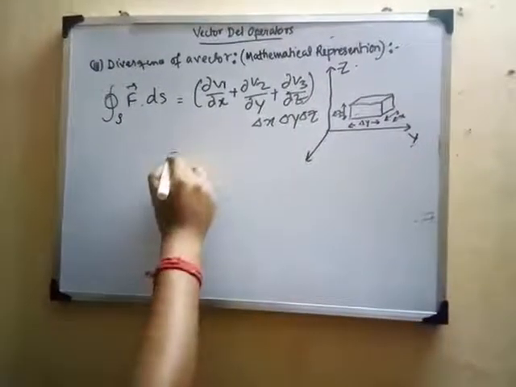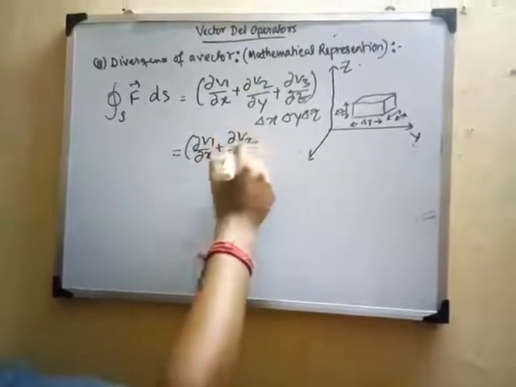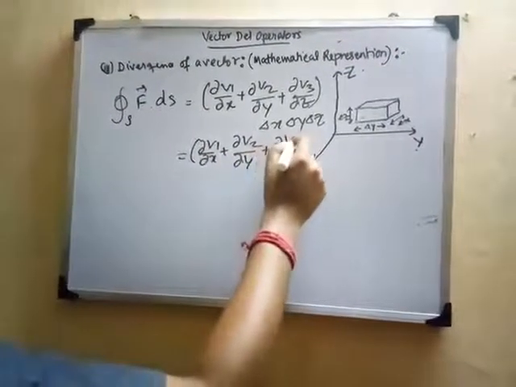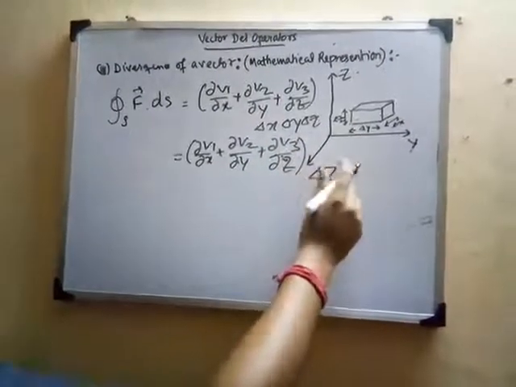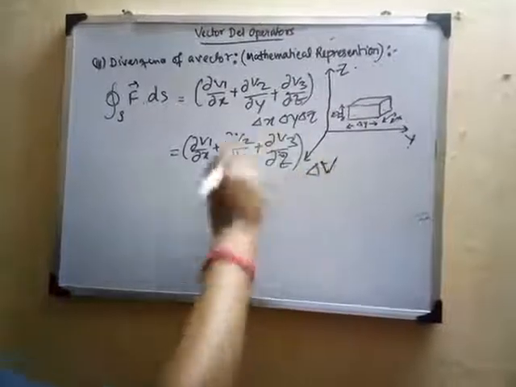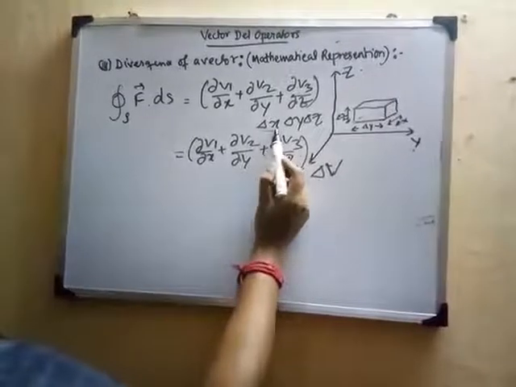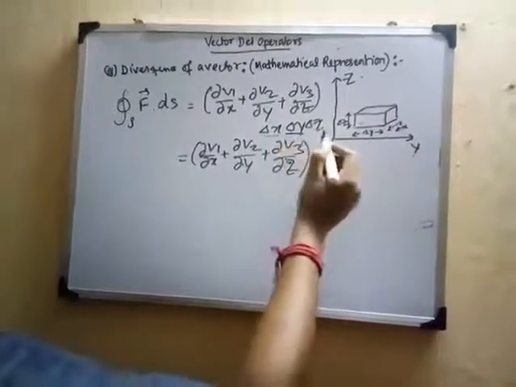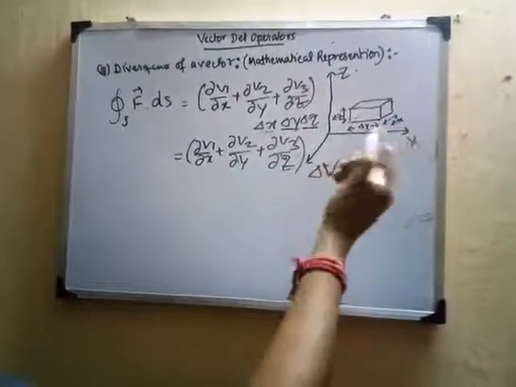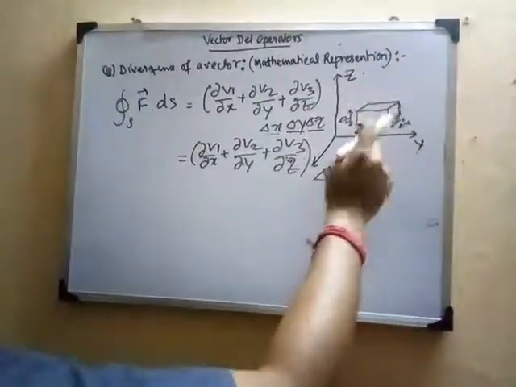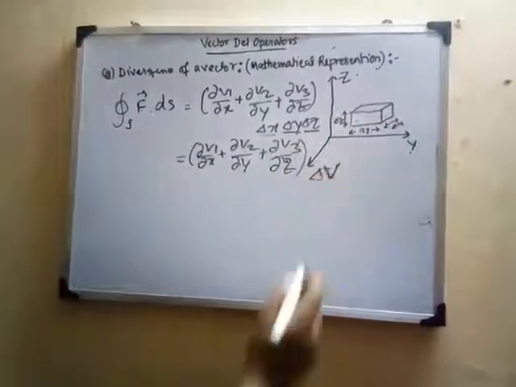This can be written as (∂v1/∂x plus ∂v2/∂y plus ∂v3/∂z) multiplied by ∂v, because v is the volume. The increments in direction x, y and z together make up the volume, so we can easily write ∂x ∂y ∂z as ∂v.